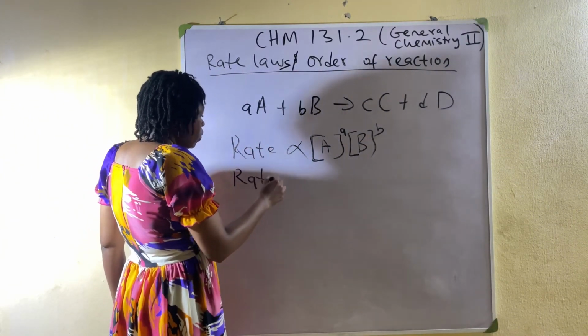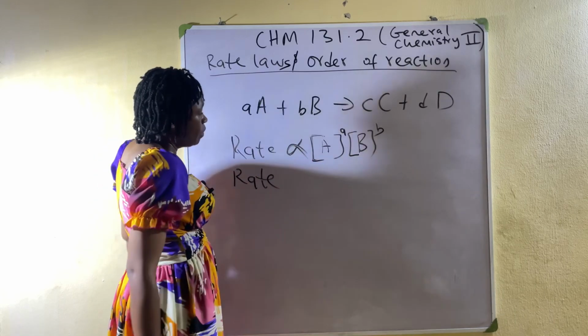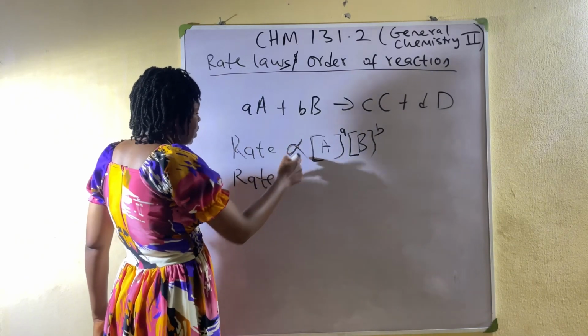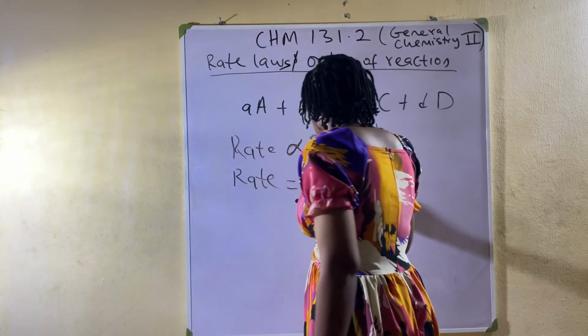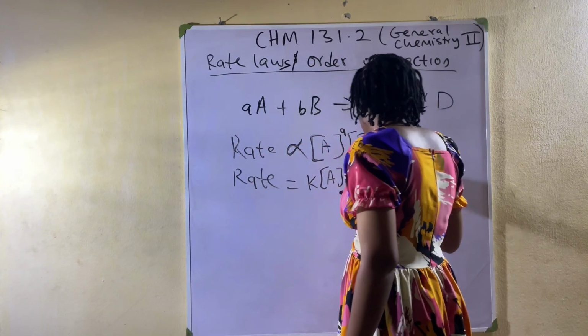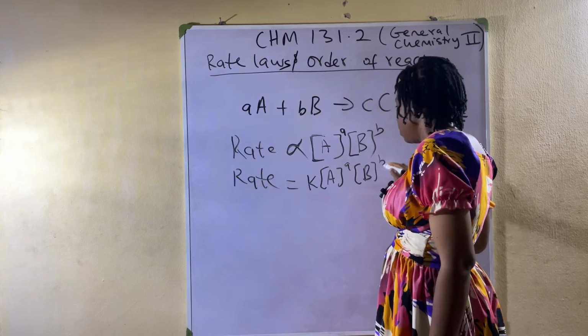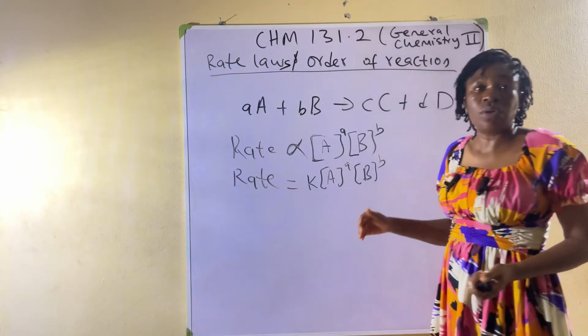So if I introduce the constant, I'll remove this symbol of proportionality and introduce the constant. So what I'm putting on the board is what we call the rate law.